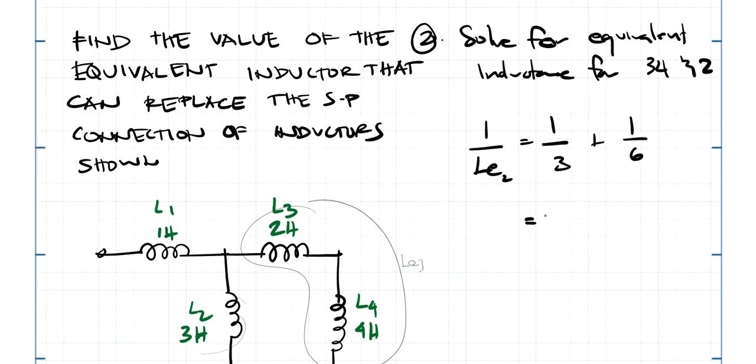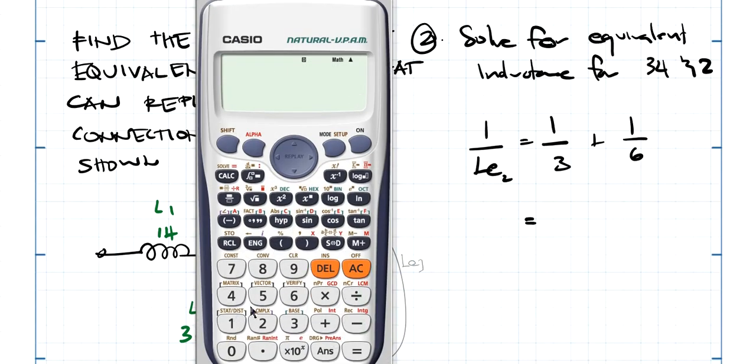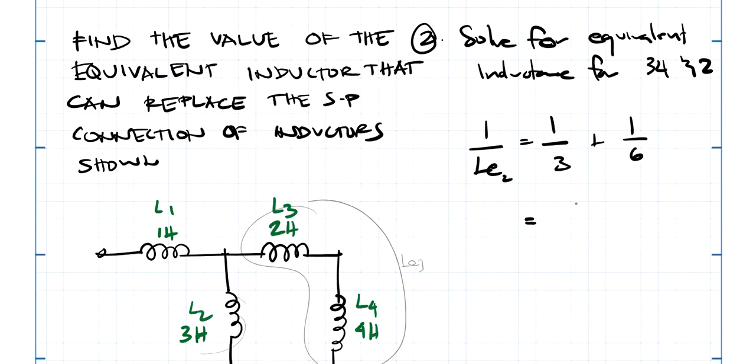If we do that, 1 over 3 plus 1 over 6 is 1/2, and then 1 divided by the answer is 2. So this is 2 henries.